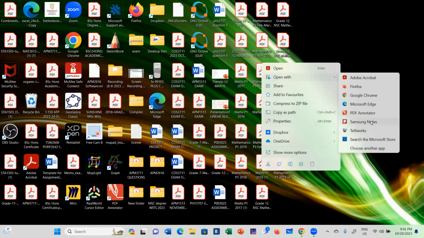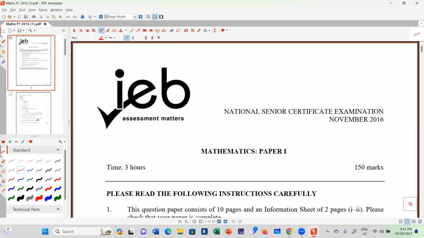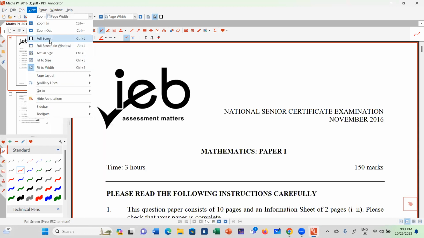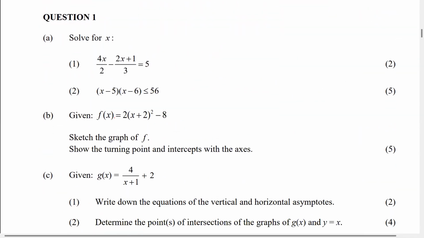So we open this one, the 2016 paper. I'm bringing this paper so that you can pick from each paper, full screen. I'm going to pick something.